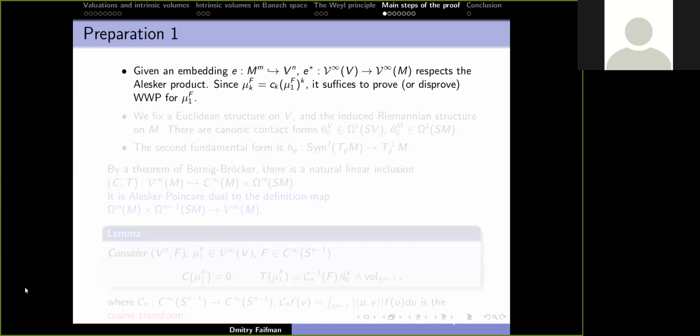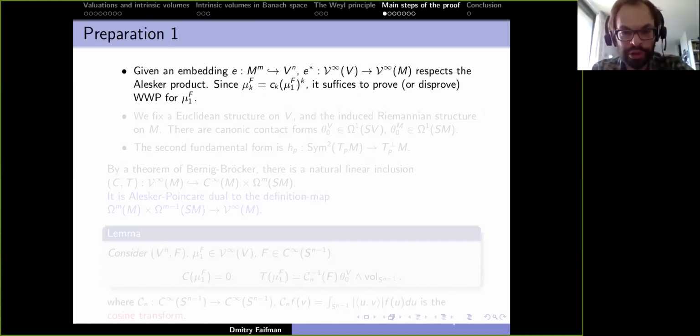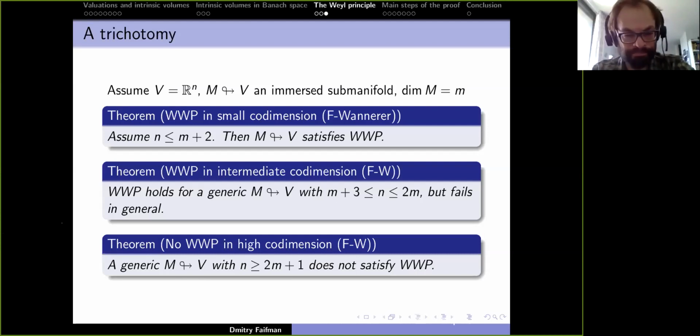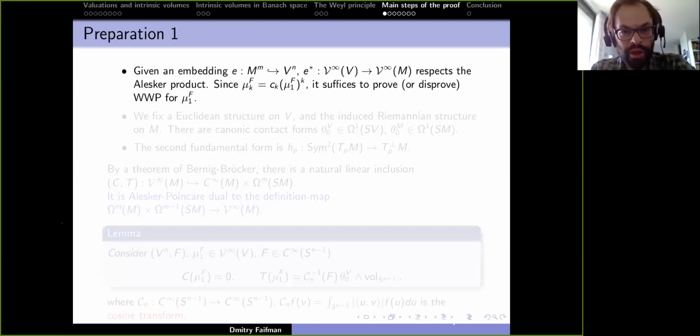Okay, and now let me talk a bit about the ideas that go into the proof of this. A few simple reductions. First, notice that we don't need to talk about all the intrinsic volumes. It's enough to talk about the first intrinsic volume, degree of homogeneity 1. Why is that?